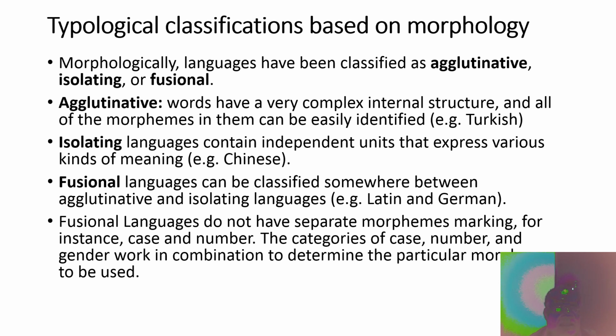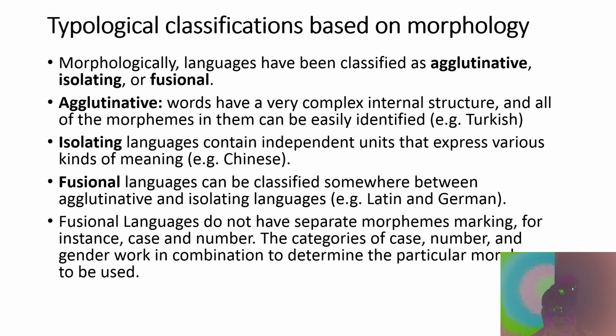And this can be found in the Turkish language. The second one is isolating, where languages contain independent units that express various kinds of meaning. And an example of this kind of languages is Chinese. Fusional is the third category, where languages can be classified somewhere between agglutinative and isolating languages, and examples of these are Latin and German.